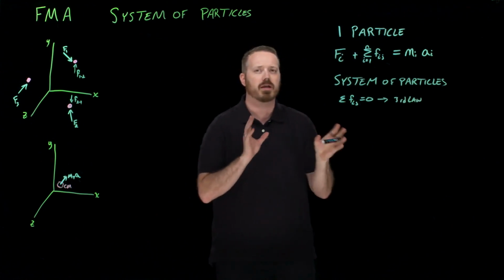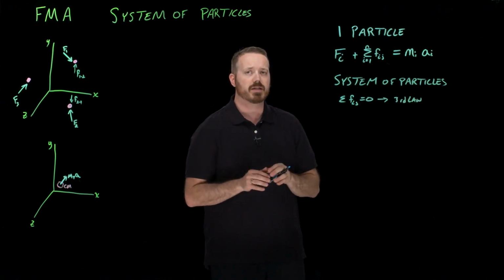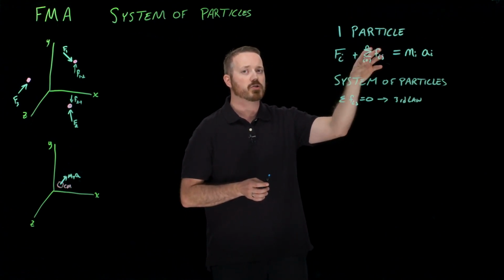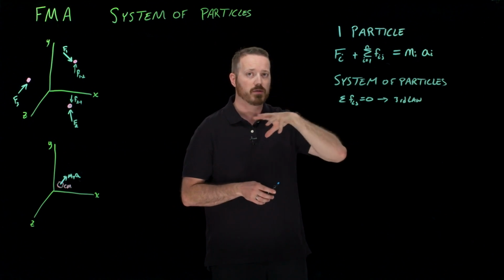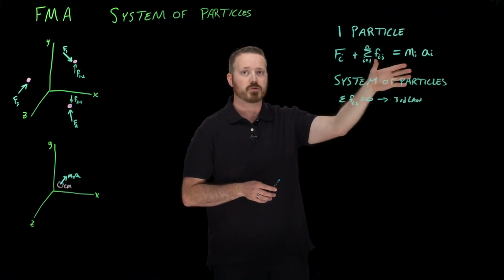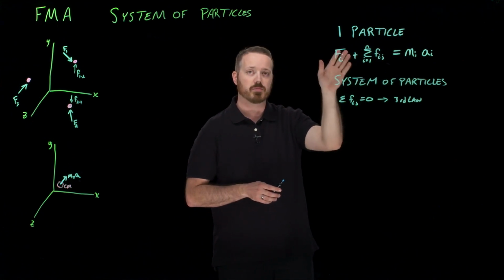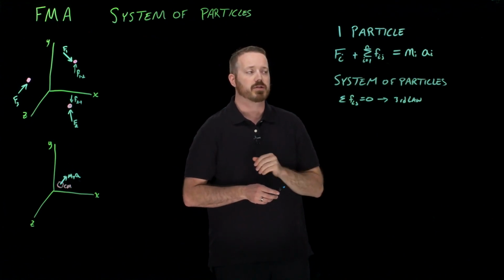It's important to make the comment of what we're talking about. For one particular particle, the internal forces it feels from other particles are very important. It moves around and it accelerates proportionally to both the external forces and the internal forces.